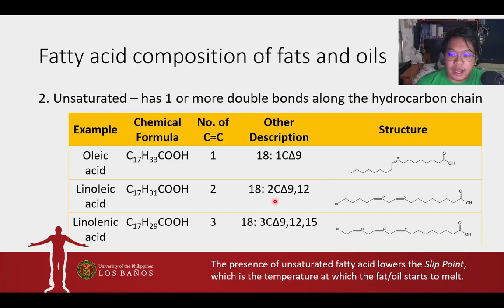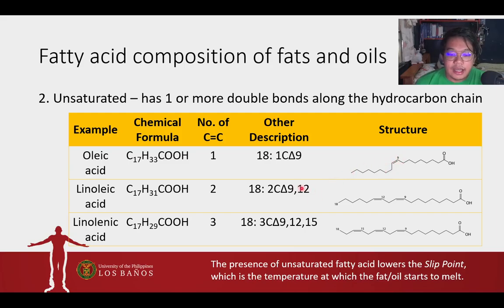Here you have two unsaturations. And here you have three unsaturations, or three double bonds. Then the delta represents the carbon where the unsaturation occurs. In this case, counting from the carboxyl carbon, we have 1, 2, 3, 4, 5, 6, 7, 8, 9. So delta 9 means the double bond is at carbon 9.